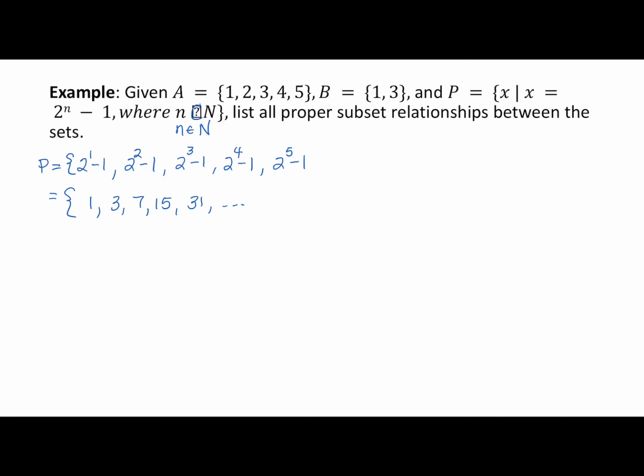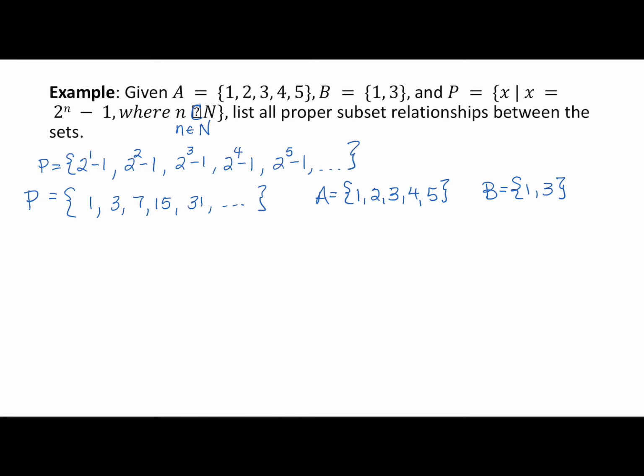And let's just put a dot, dot, dot here. Okay, and we still got A, the set {1, 2, 3, 4, 5}, and B, the set {1, 3}.